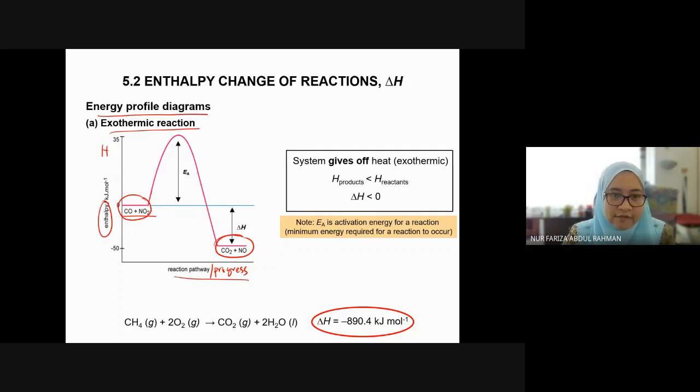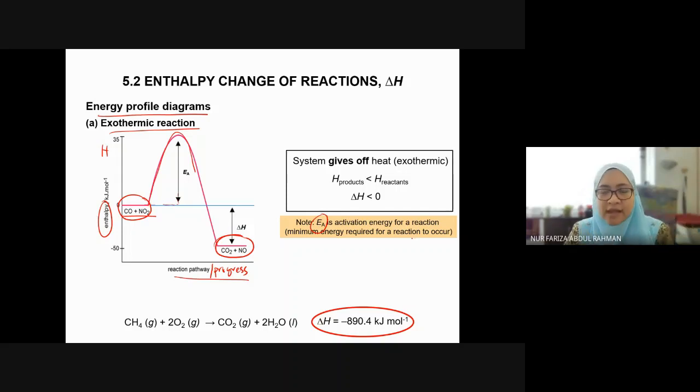Okay, and then you have to have this hill. This hill is what we call activation energy. So you have to label it as EA. And then make sure that you start from the reactant, going up to the top of the hill. Okay, so that is the EA. EA is the minimum energy required for a reaction to occur.